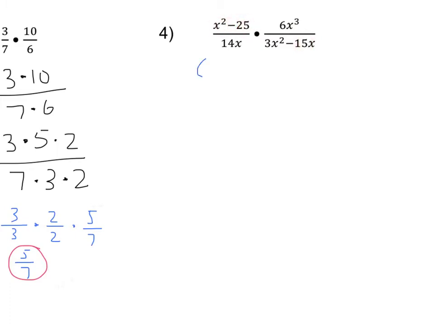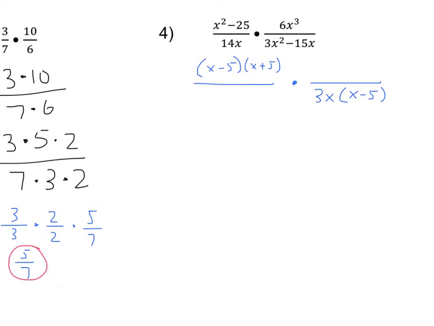That would just be x minus 5 times x plus 5. Why don't I factor this part next? I can pull out a greatest common factor. I can pull out 3x. So that would be 3x times x minus 5.